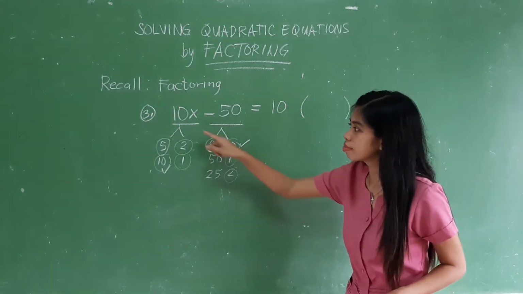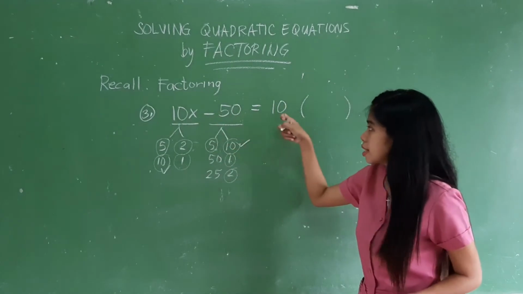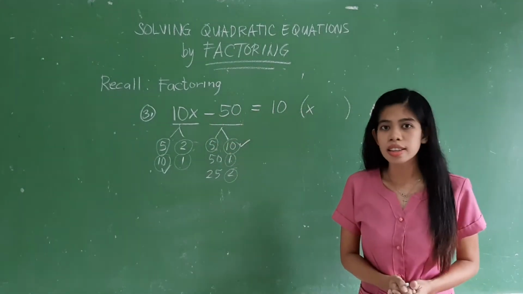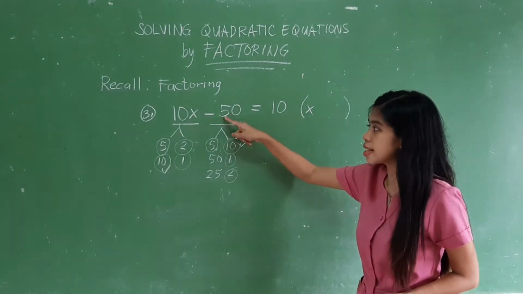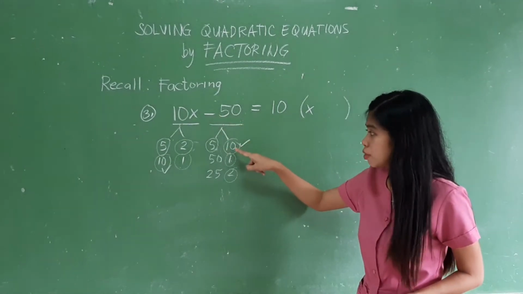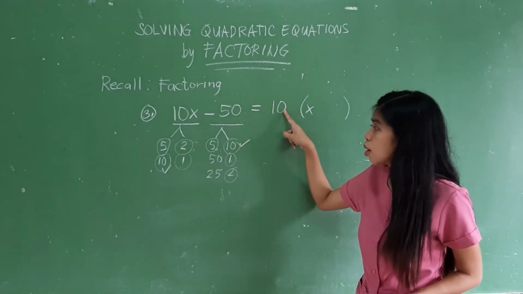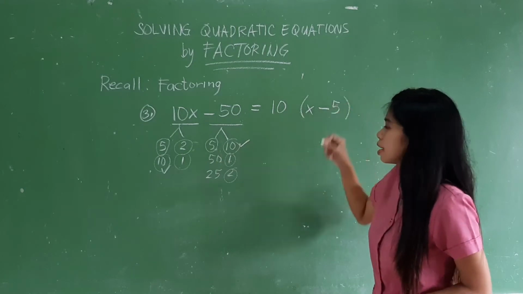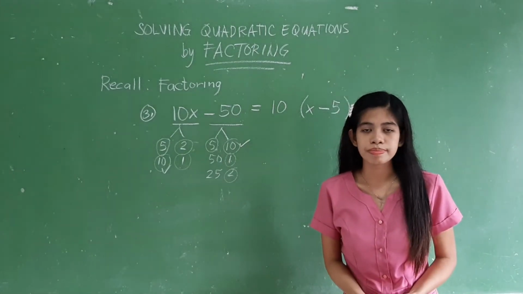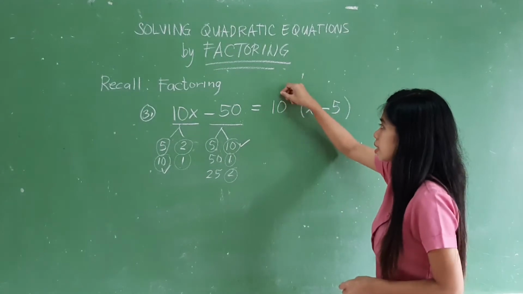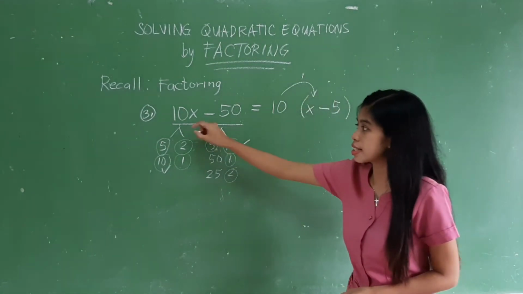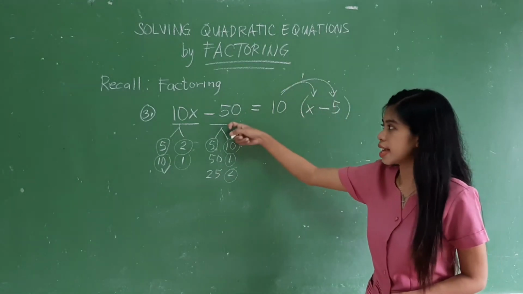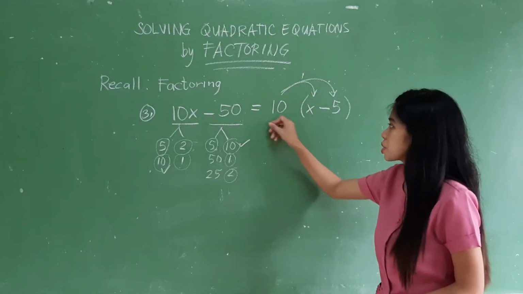So if this is 10x and 10 is a common factor, you still have x inside the parenthesis. Now since this is negative 50 and you got 10 as the common factor, you still have negative 5 inside the parenthesis. If you are going to check, 10 times x is still 10x. 10 times negative 5, that's negative 50, meaning your factors are correct.